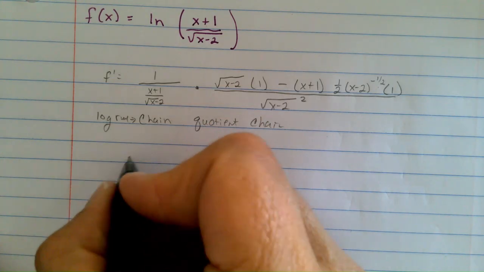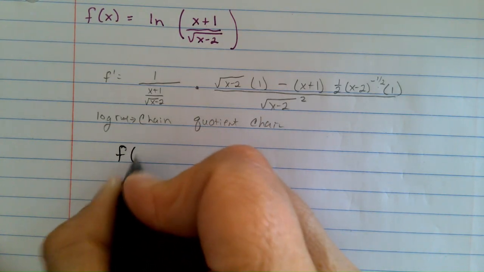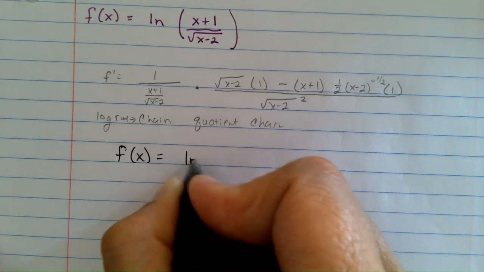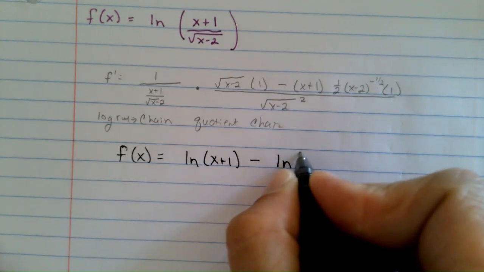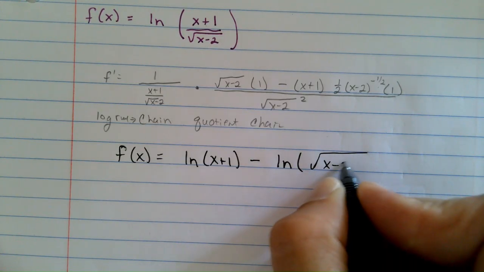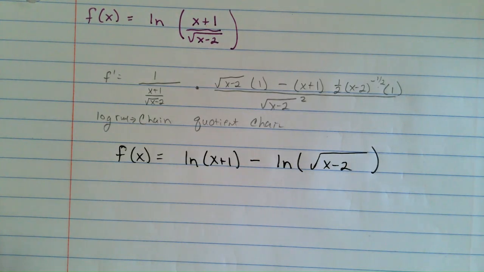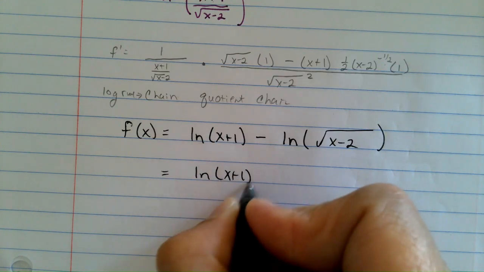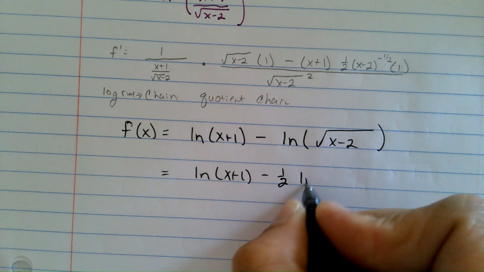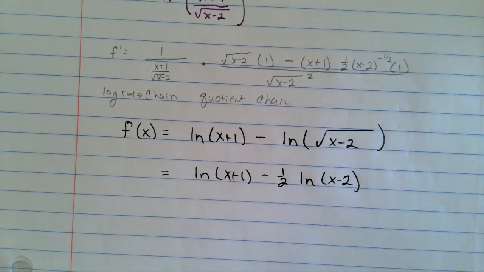So if you remember, we can rewrite f of x as the natural log of x plus 1 minus the natural log of the square root of x minus 2, which then can be further rewritten as the natural log of x plus 1 minus 1/2 natural log of x minus 2.